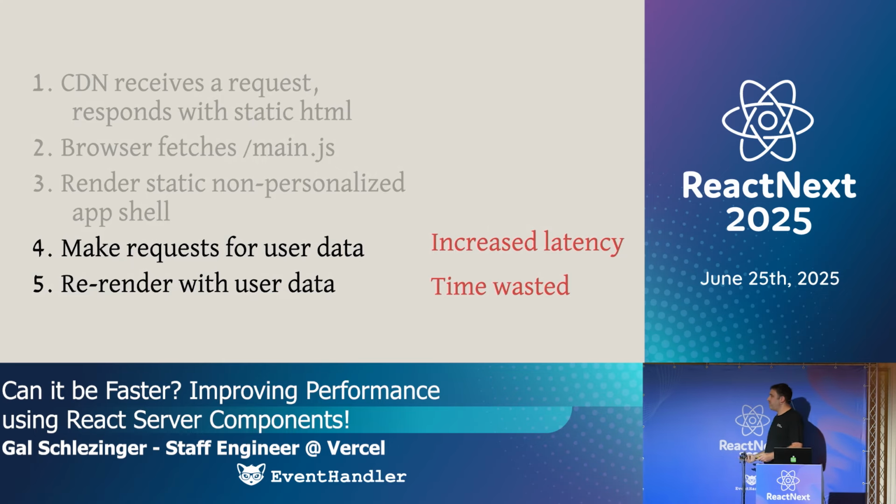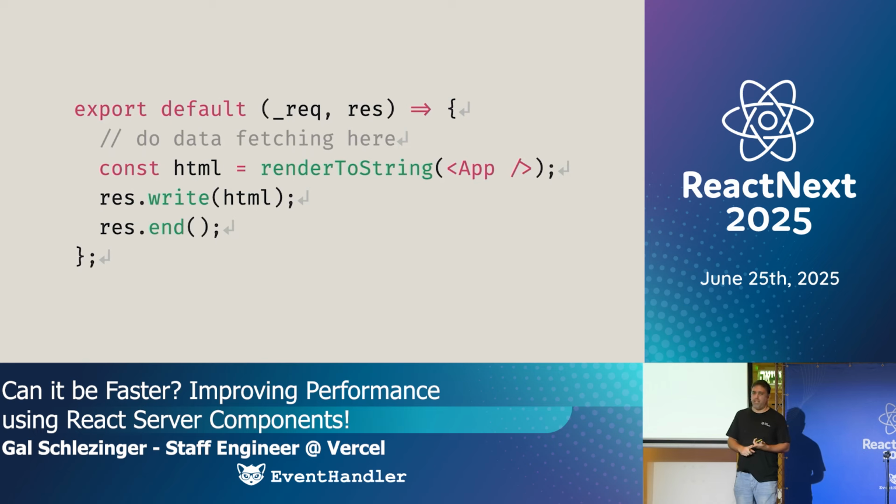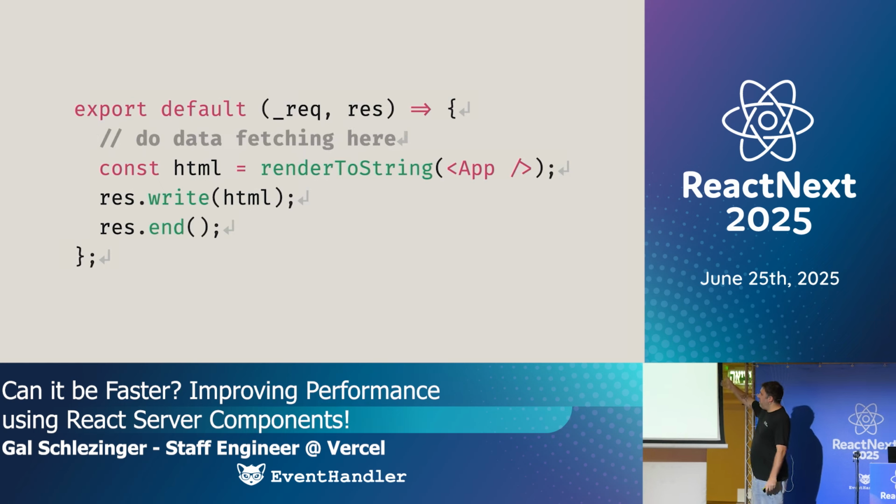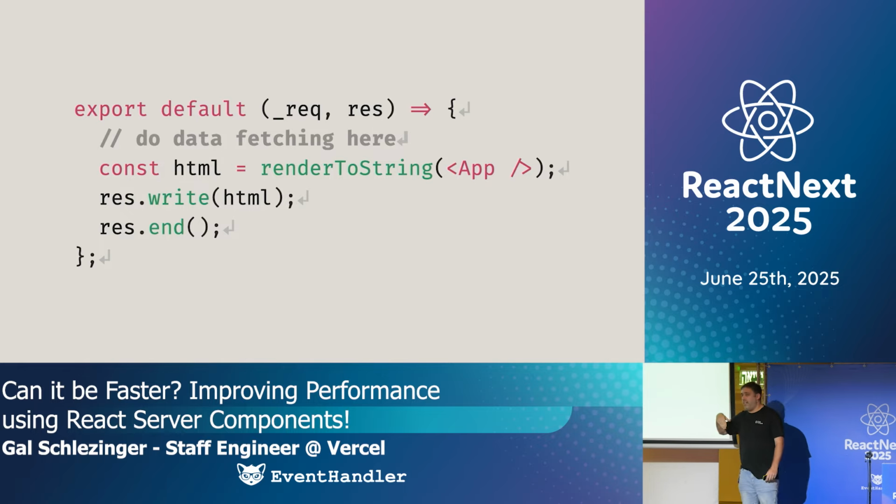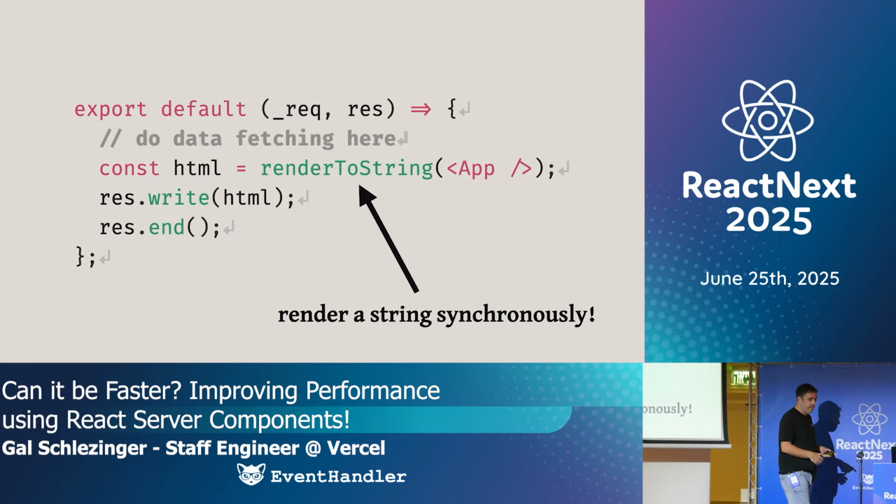So Next.js and other server-side rendering frameworks use that API from React, renderToString, to create either a build-time version of your app or the runtime for server-side rendering. And as you can see, we did data fetching before renderToString. Then we rendered the app as it is, synchronously.